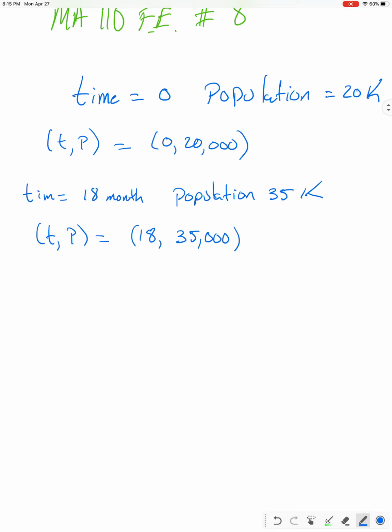And then we're told that if the growth of the wasp population follows an exponential growth model, how many months will it take to reach 44,300? So the exponential growth model looks like this: f of t equals a b raised to the x.